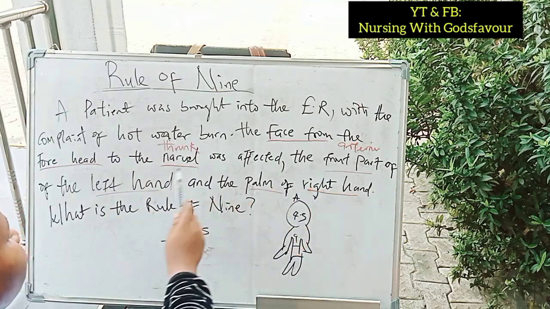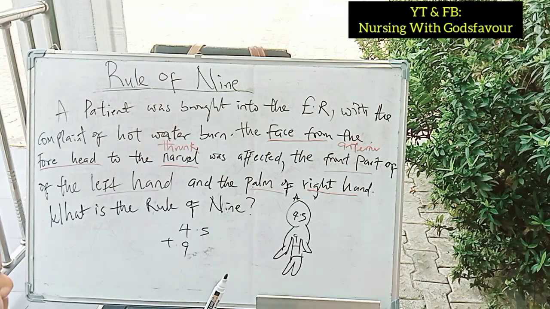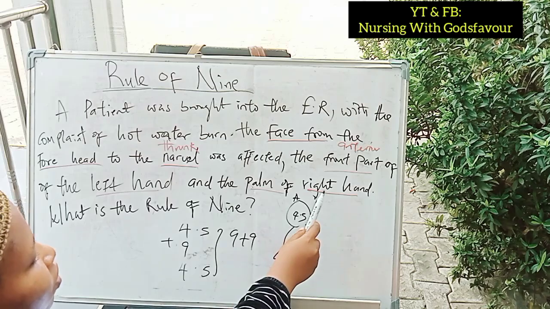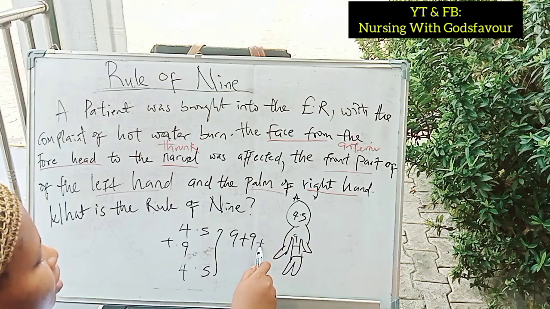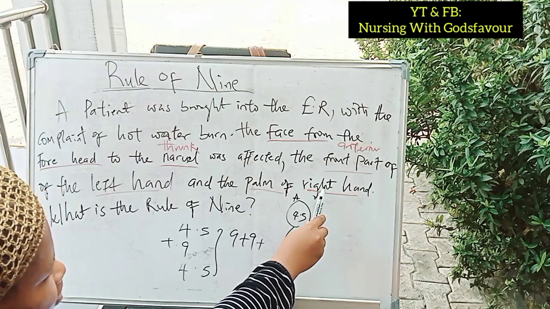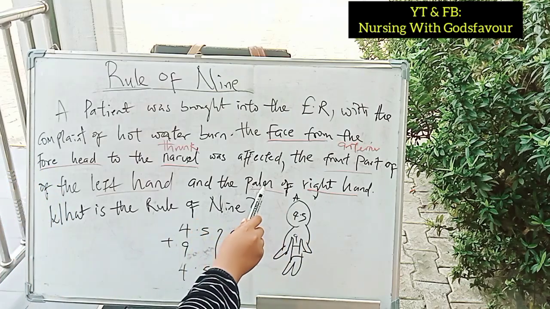Then the front part of the left hand, which is 4.5 also. To make it simpler, we have 9 plus 9, plus the palm of the right hand.